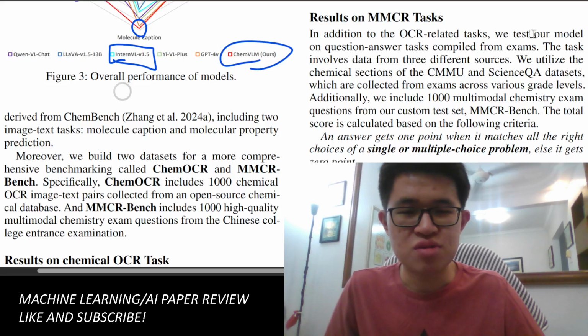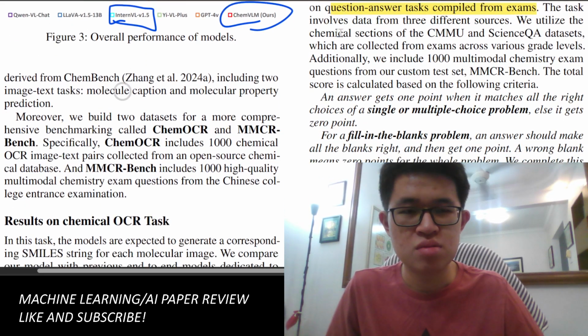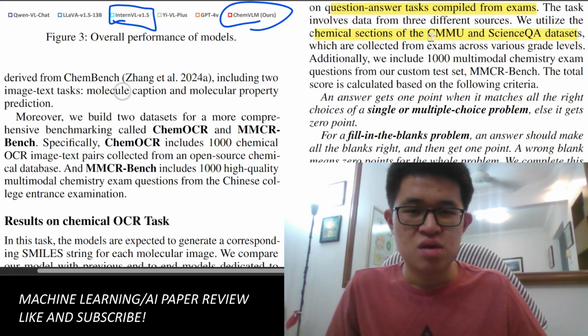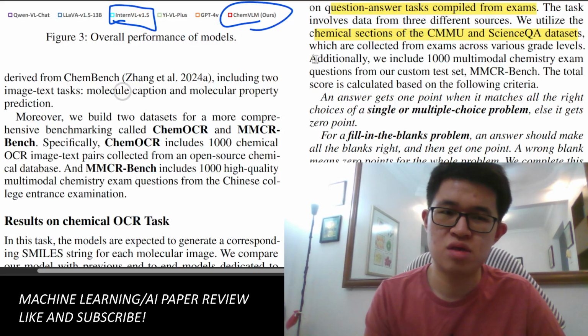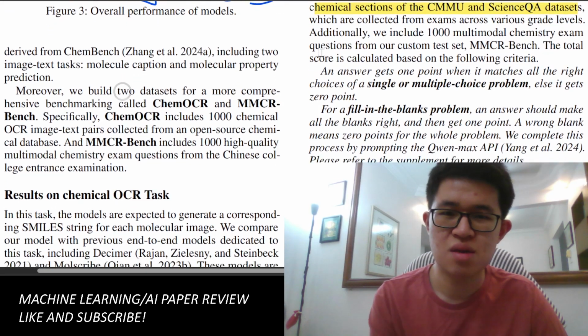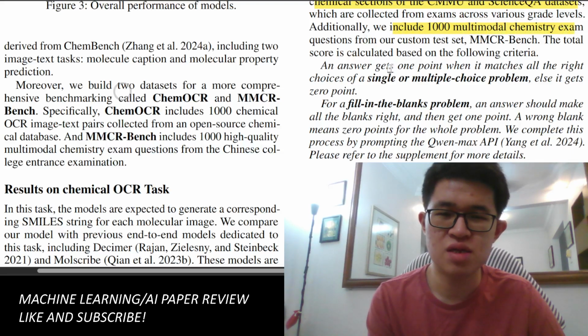Okay, so they test their model on Q&A tasks compiled from exams. So they use chemical sections of the CMMU and ScienceQA datasets, and they also include 1000 multimodal exam questions from their custom test set.